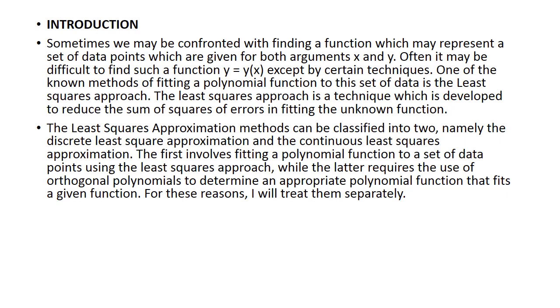Sometimes we may be faced with finding a solution to a problem that represents a set of data points which are given for both argument x and y. It may be difficult to find such a function y except by certain techniques. One of such techniques is the least square method.